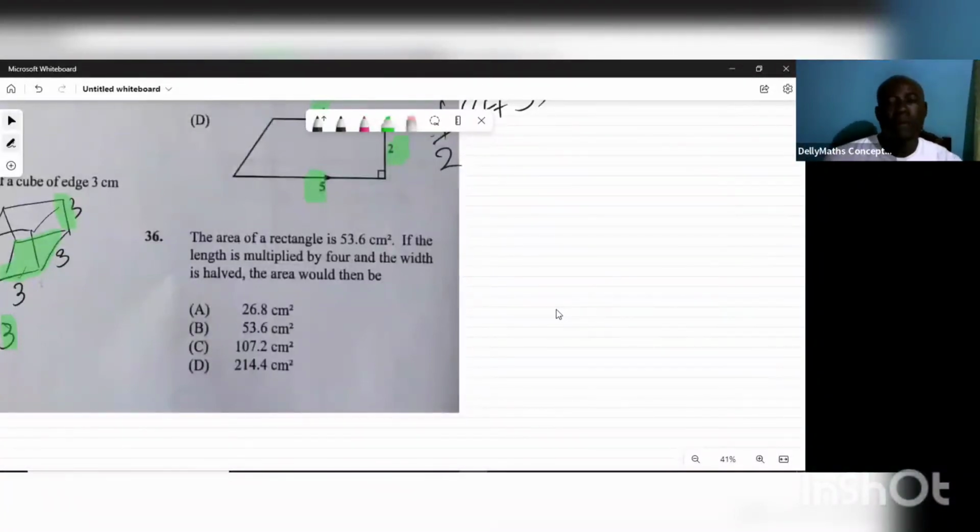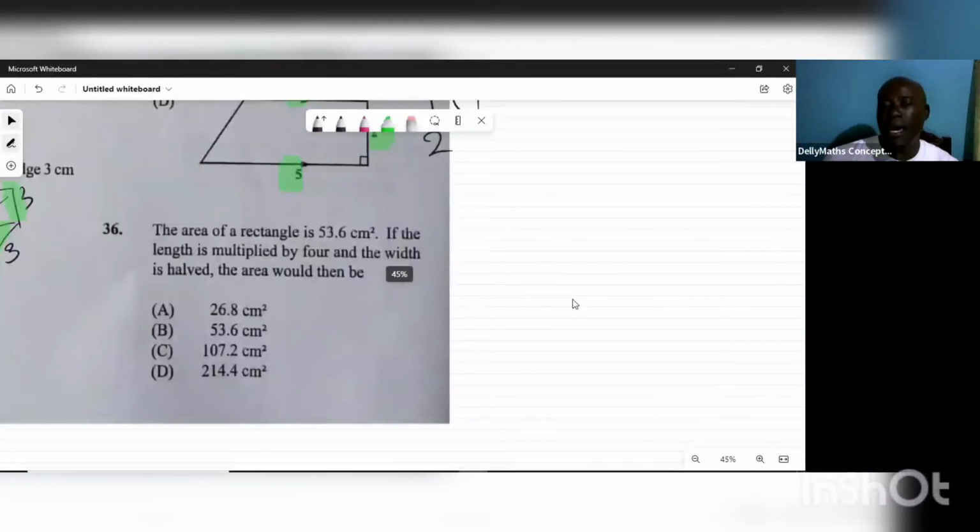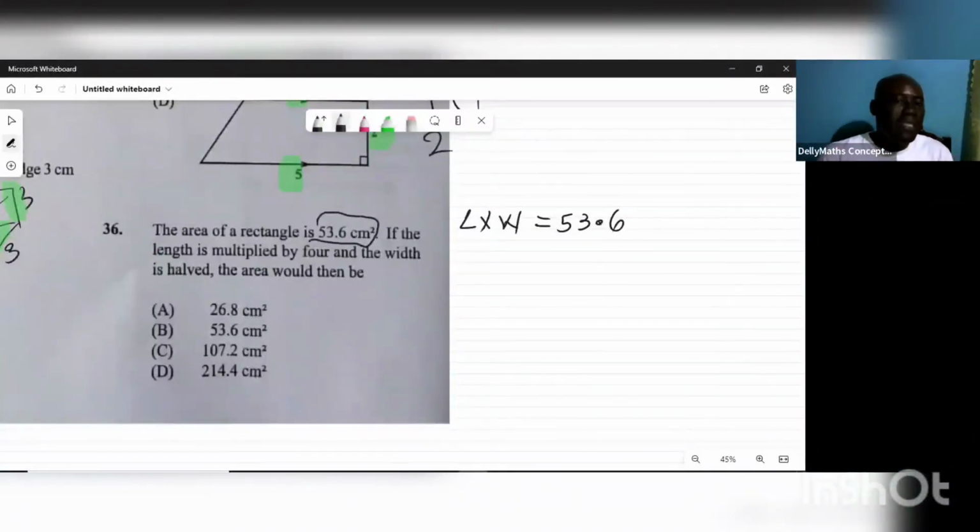For a question like this, all you have to do is relax. The area of the rectangle is 53.6. That means length times width is 53.6. We start from that regular premise that length times width is that.